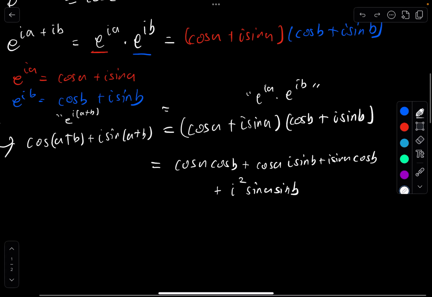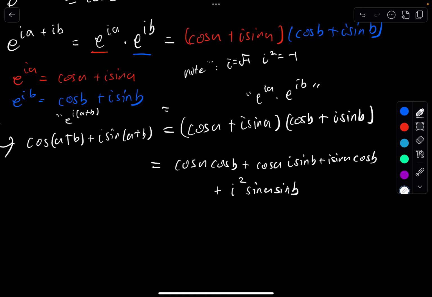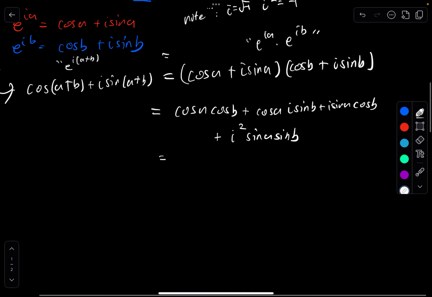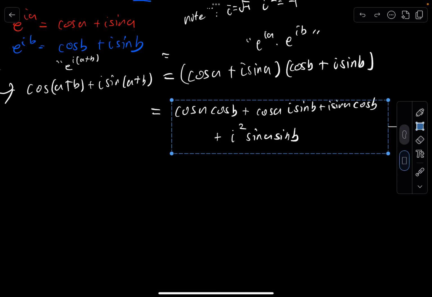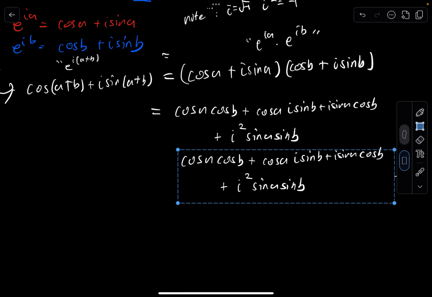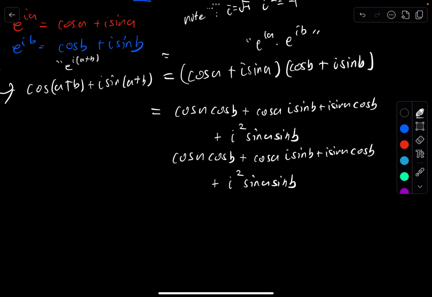And recall that if i is equal to the square root of -1, then i squared is equal to -1. So we can just take all of this and duplicate it, and all we have to do is tweak this little thing into a minus.